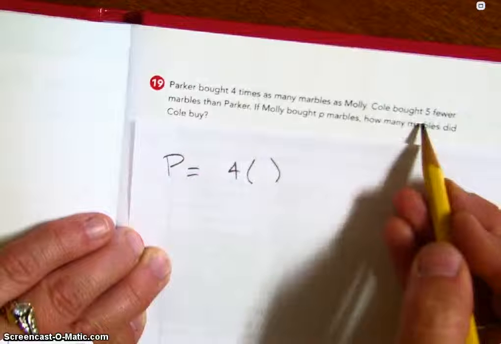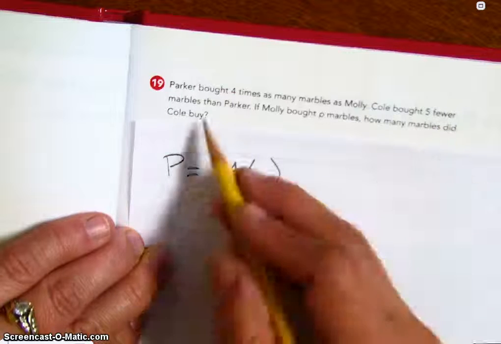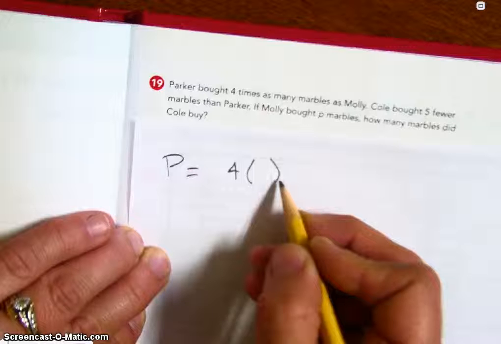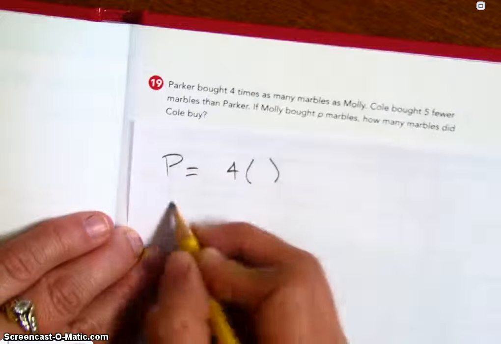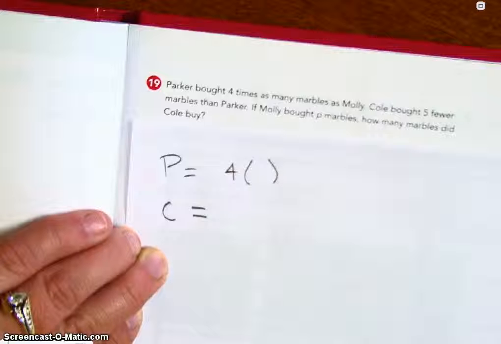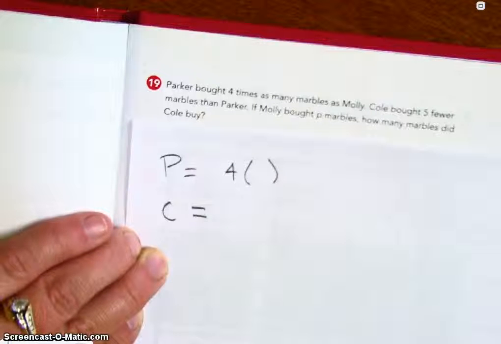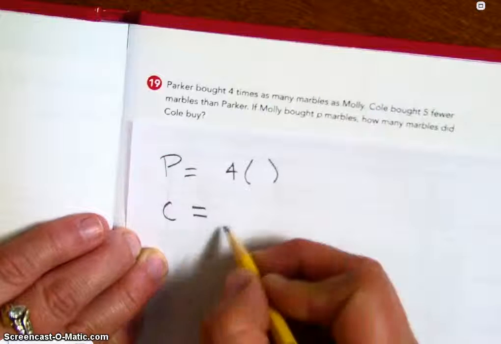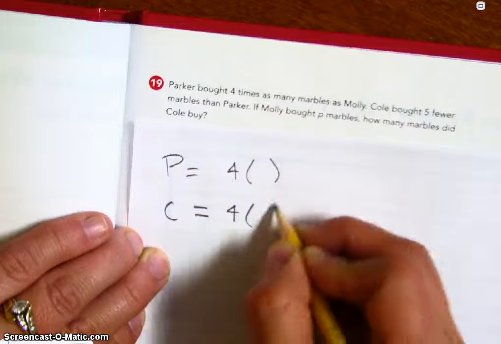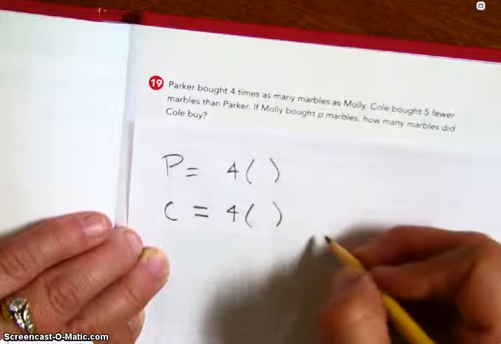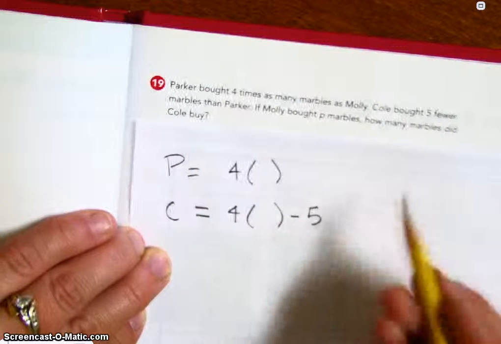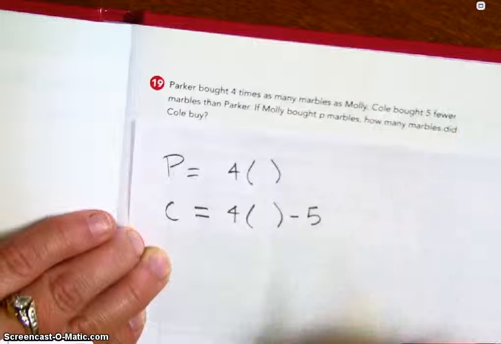Cole bought 5 fewer marbles than Parker. So Cole's is going to equal, Parker's will be 4 times something, and his is going to be take away 5 because it says Cole bought 5 fewer marbles.